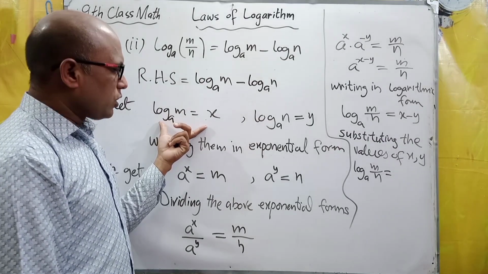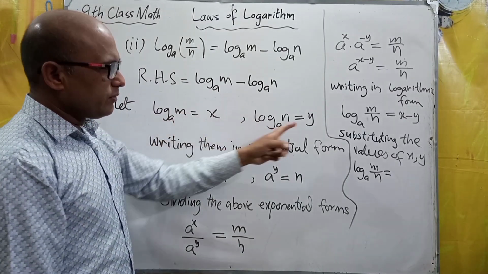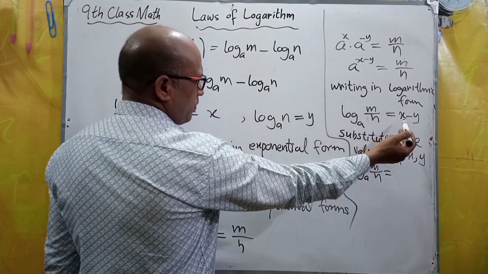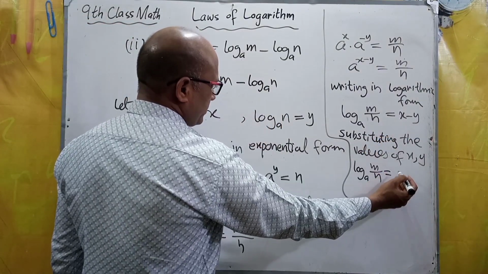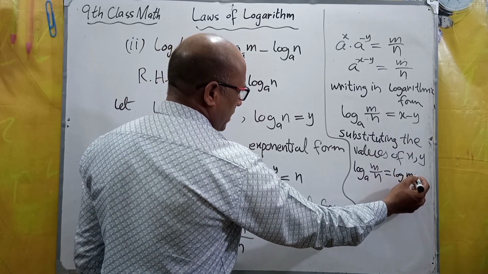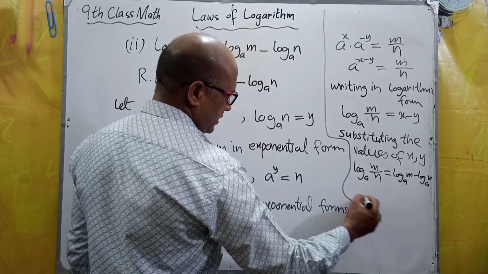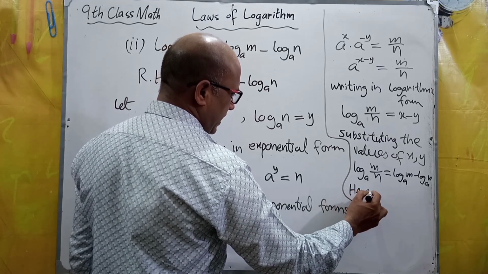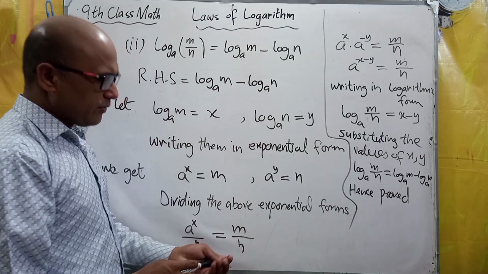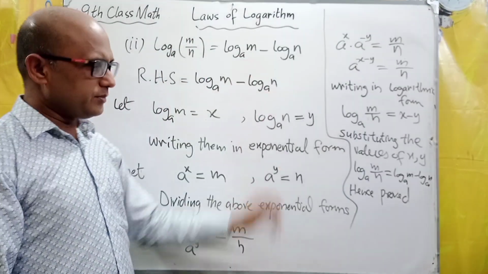We supposed the values, x is equal to log a of m, y is equal to log a of n. So write them in place of x and y. We'll get log a of m minus log a of n. So you can write here, hence proved. So we have got the statement of second law of logarithm.